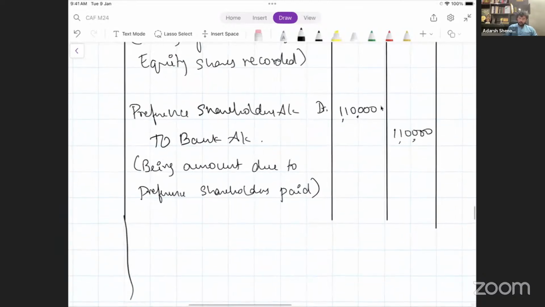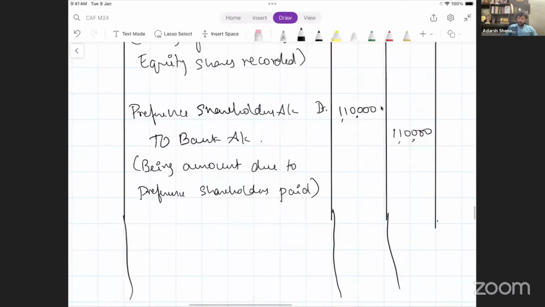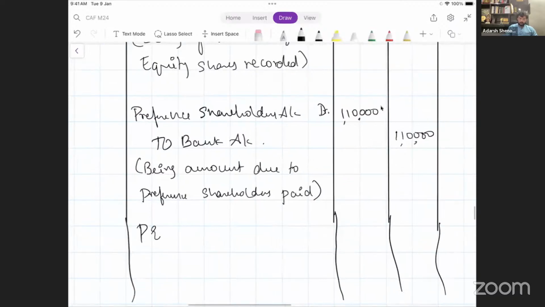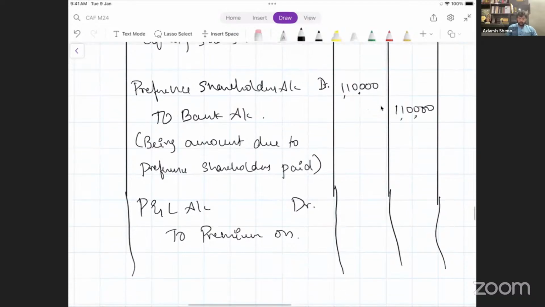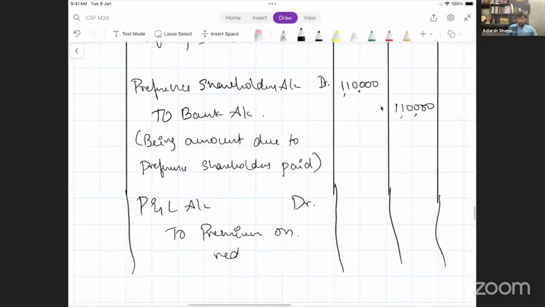Also, write off the premium on redemption: P&L account debit to premium on redemption account. 10,000 was the premium on redemption, right?